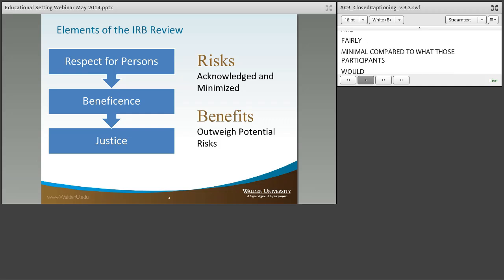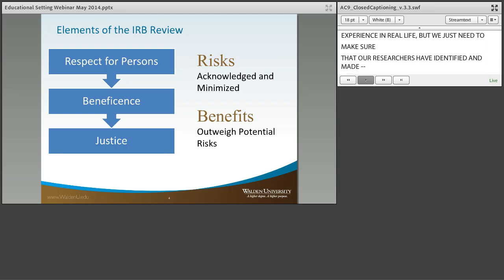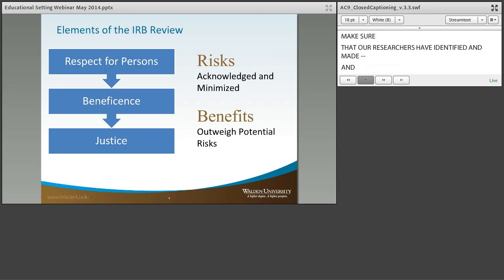But we just need to make sure that our researchers have identified and been made aware of what those risks are so that they can be acknowledged, minimized to the best extent possible, so that way the ultimate benefits of these studies will shine through and help the student researchers move forward with their research.